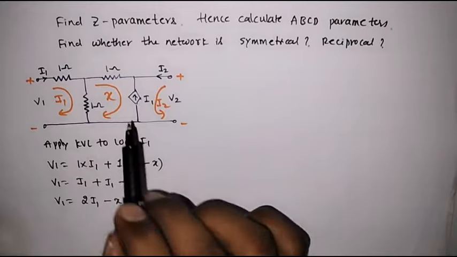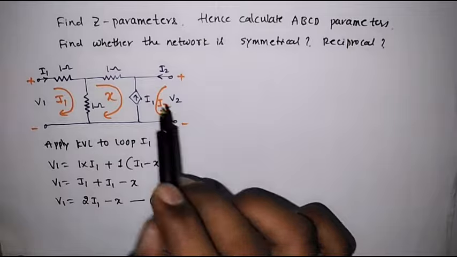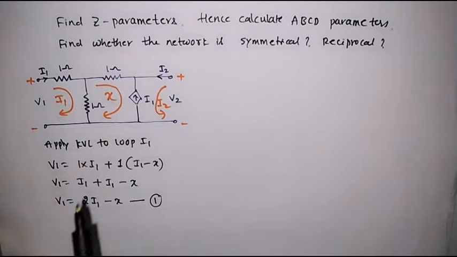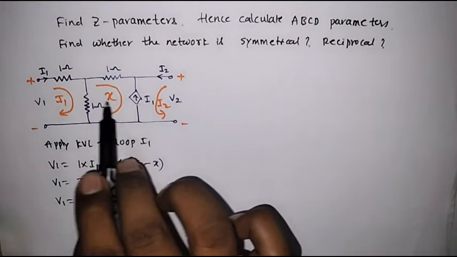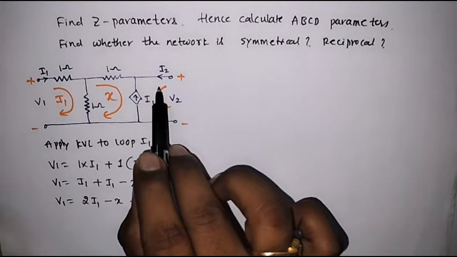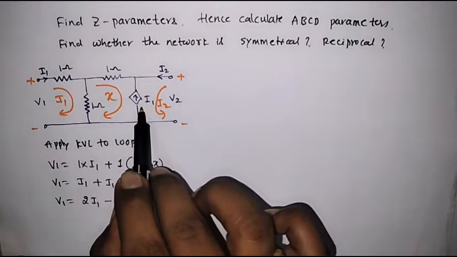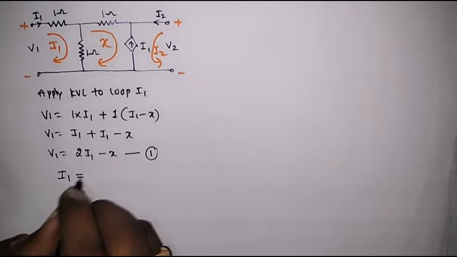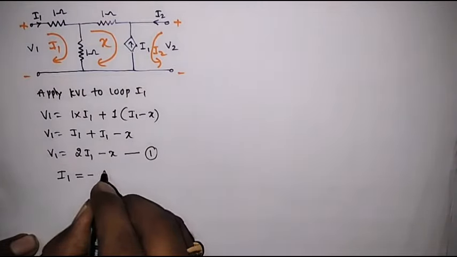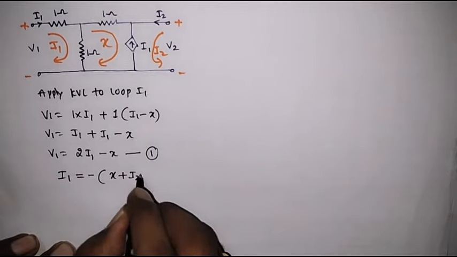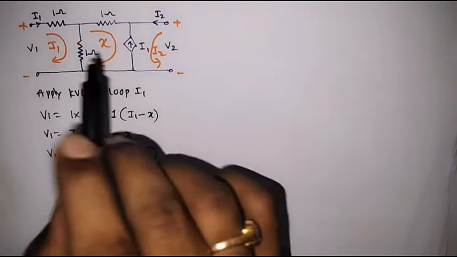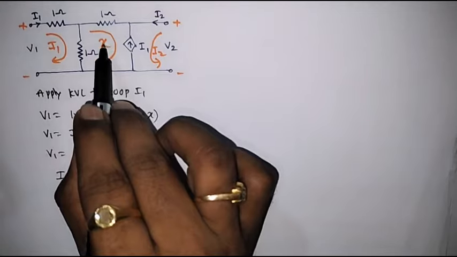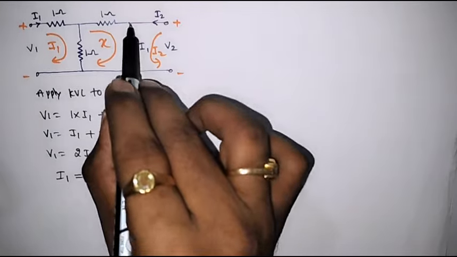So here we can observe that I1 is the current source between two loops. If there is a current source between two loops, we cannot apply KVL to either loop. In that case, we are supposed to analyze the current source first. So I1 is equal to minus of (X plus I2), because here current I1 is flowing from bottom to top, whereas X is flowing from top to bottom, as well as I2 is flowing from top to bottom.